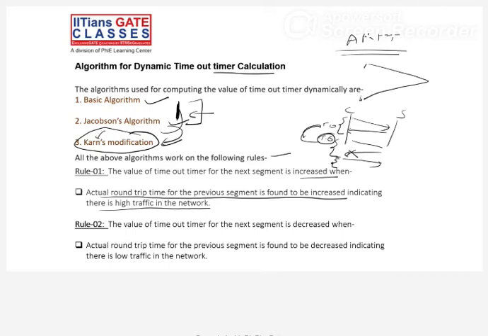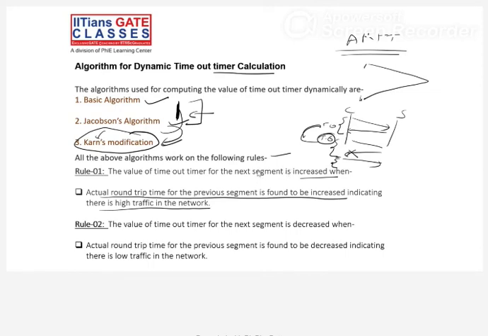So, the algorithm for dynamic timeout timer calculation. The algorithm used for computing the value of the timeout timer dynamically. Three basic ones: the basic algorithm, the Jacobson algorithm, and Kahn's modification.